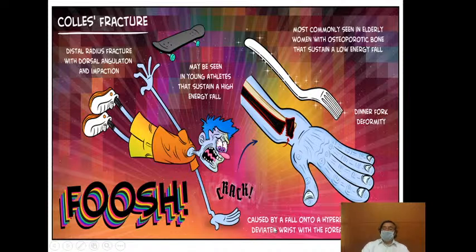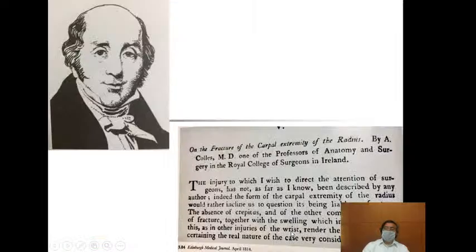And why is it named as Colles fracture? This gentleman is Abraham Colles, and he described this fracture in 1814, and this is his original paper in which he published.